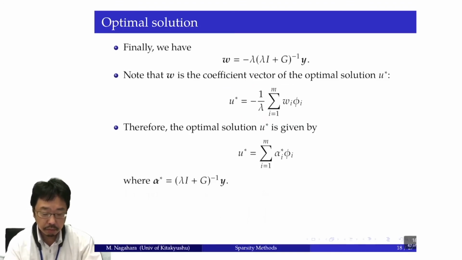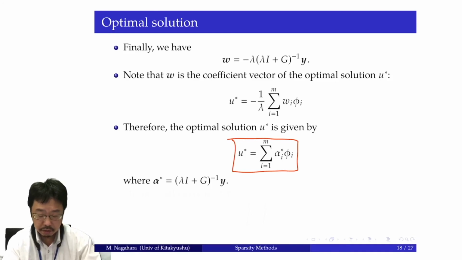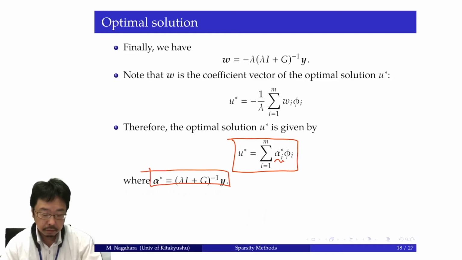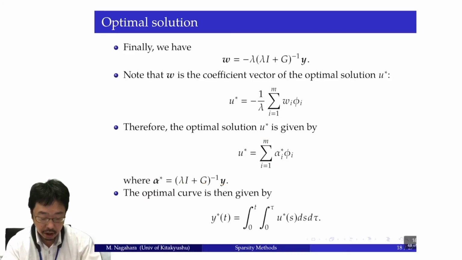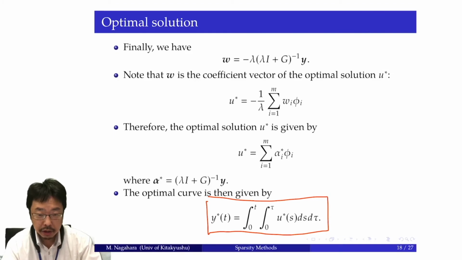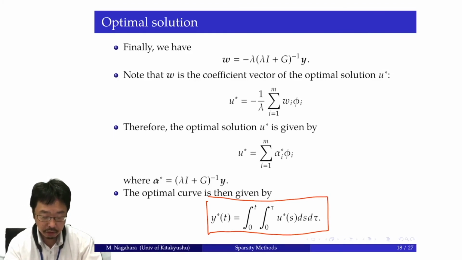Therefore, the optimal solution u asterisk is given by this, the linear combination of phi i with coefficient alpha i, which is given by this formula. Finally, the optimal curve is given by this formula, double integration of u, since u was the second derivative of y.